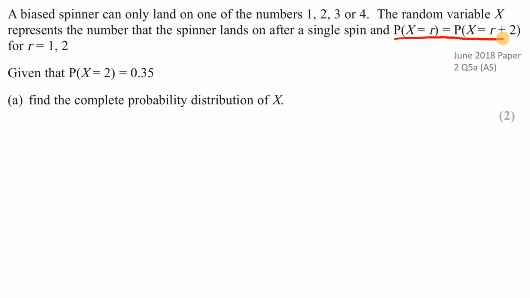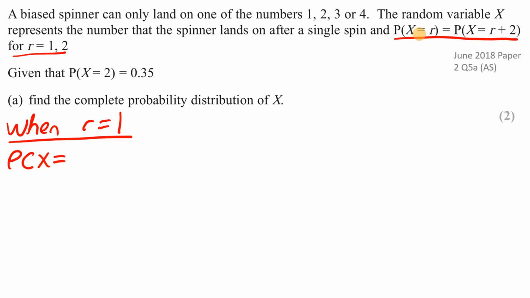Now this here, it looks quite complicated, but what this is saying is this formula here is true for when r is equal to either 1 or 2. So let's just consider the two possibilities. Let's start for when r is equal to 1. So therefore this formula here is going to be the probability that X is equal to r, so X is equal to 1, is equal to the probability that X is equal to r plus 2, so this is going to be 1 plus 2.